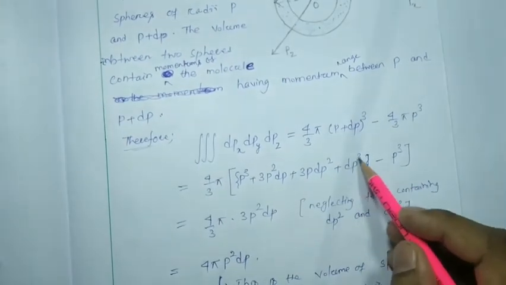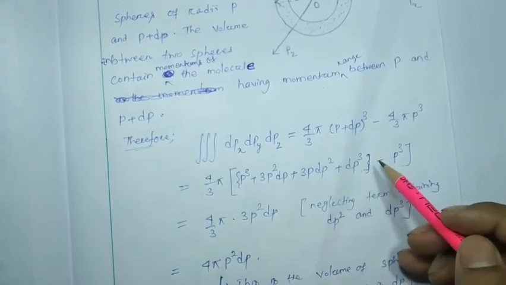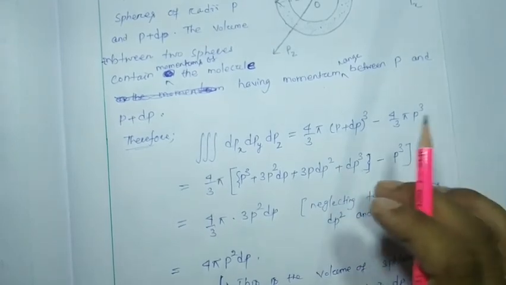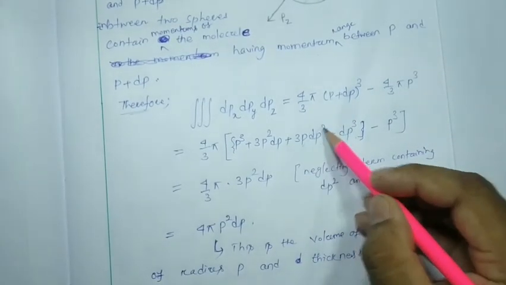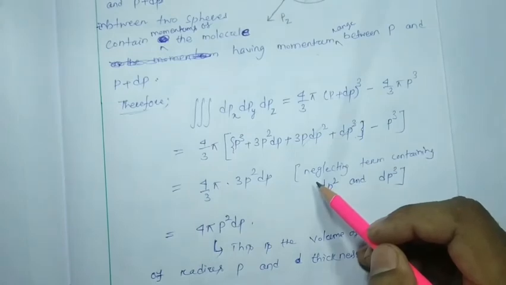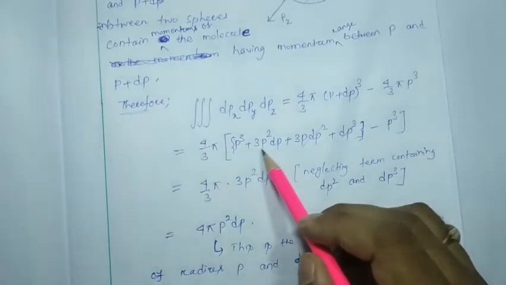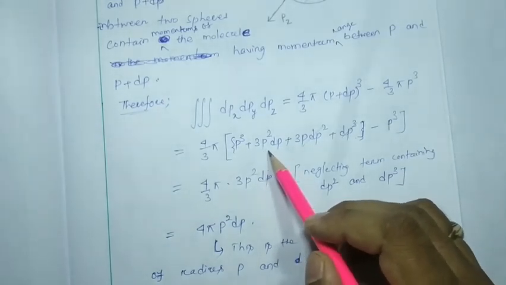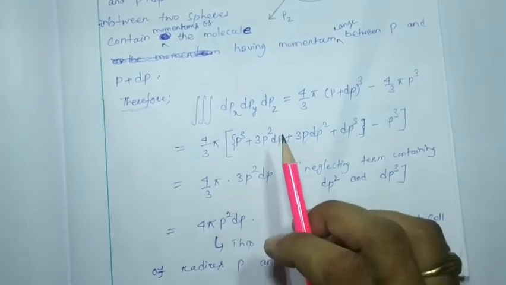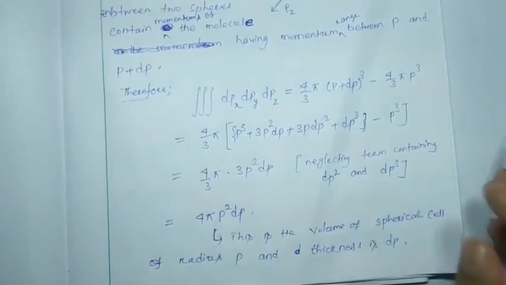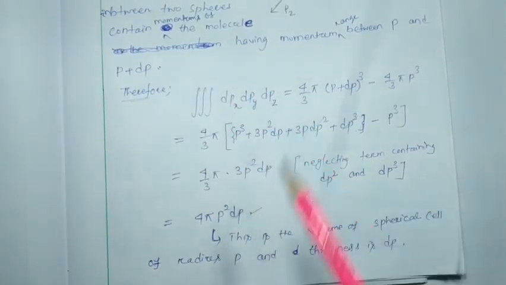Here dp is small, so its higher orders are even smaller, and we neglect the terms containing dp square and dp cube. So p cube minus p cube cancels, and only one term remains, 3p square dp. The 3 cancels, so it will be 4 pi p square dp.